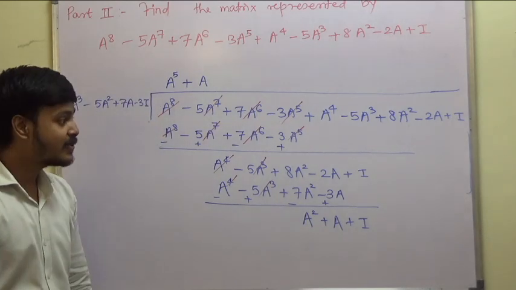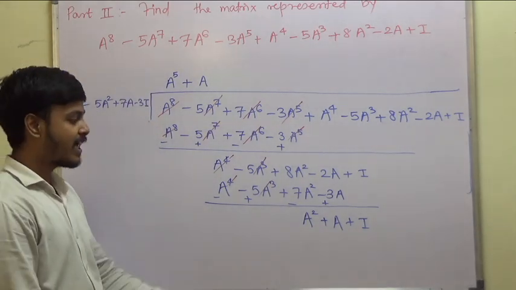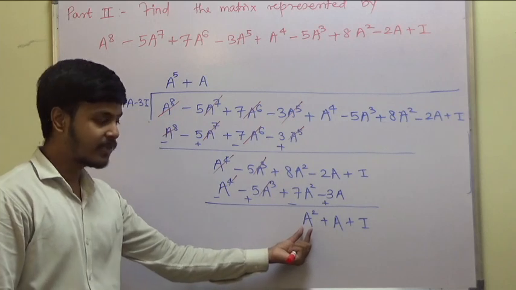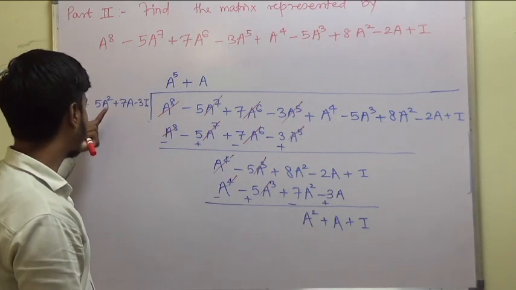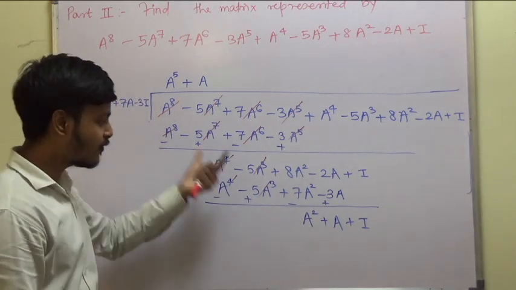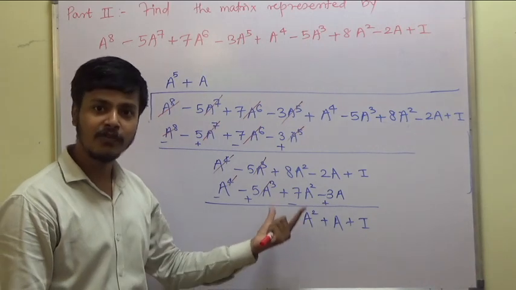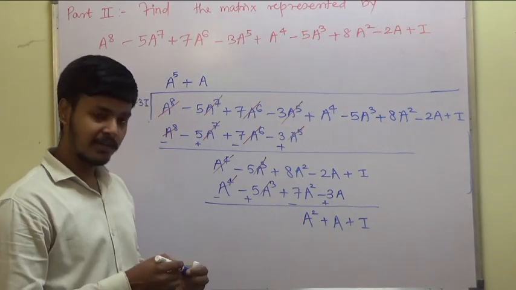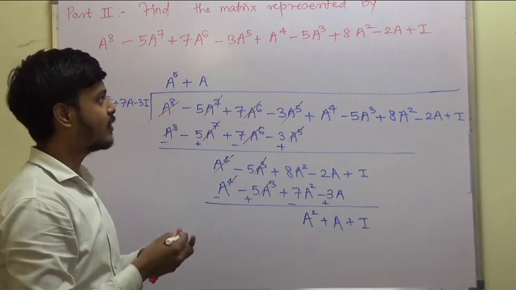Okay, so as you can see, the degree of the remainder is less than the degree of this, so no further division is possible. So write down this equation.